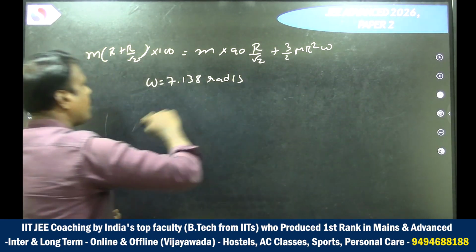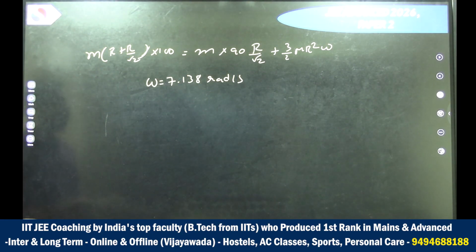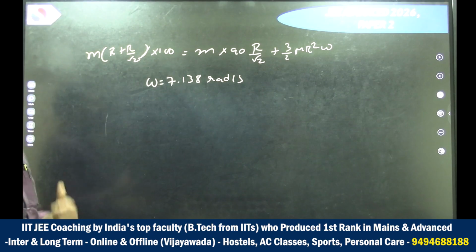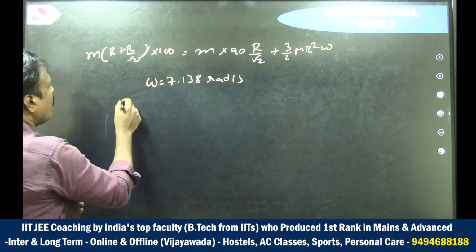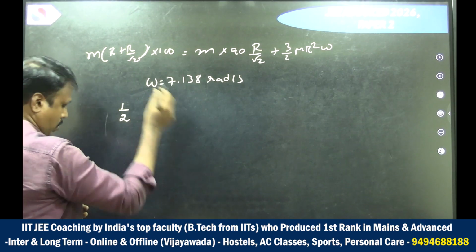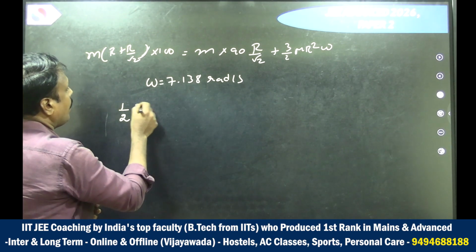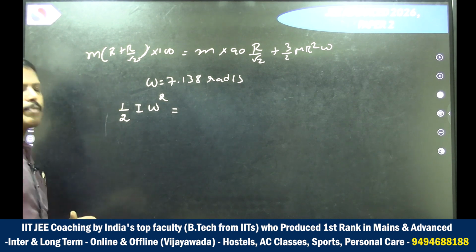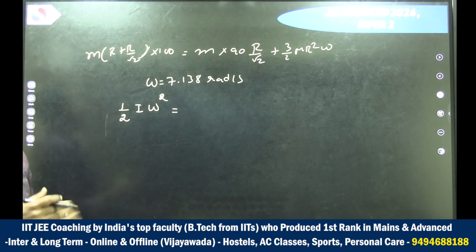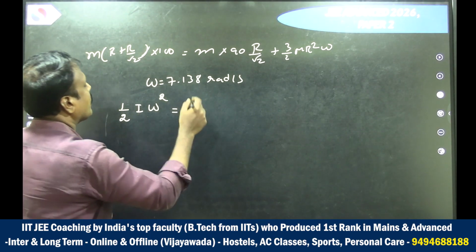So to find that height, just use the law of conservation of energy for the disk. Just look at the initial state: after the impact the disk has rotational kinetic energy, so go for half I omega square as the initial KE.